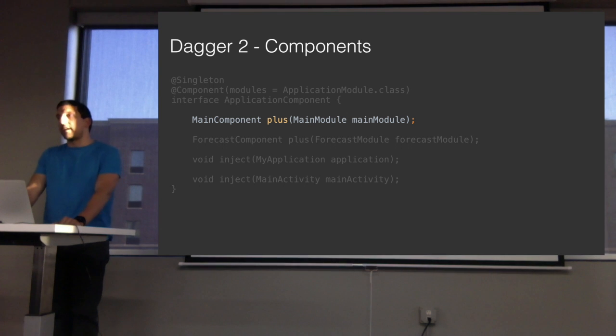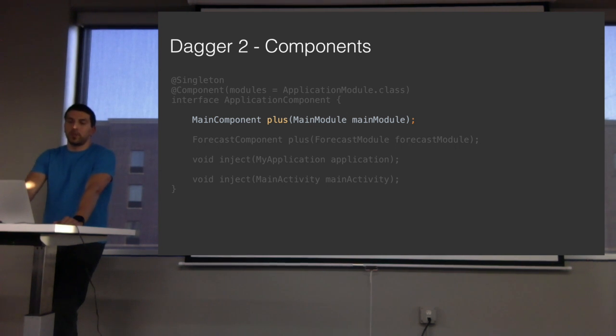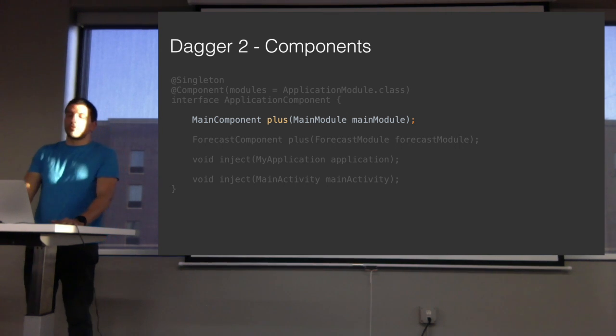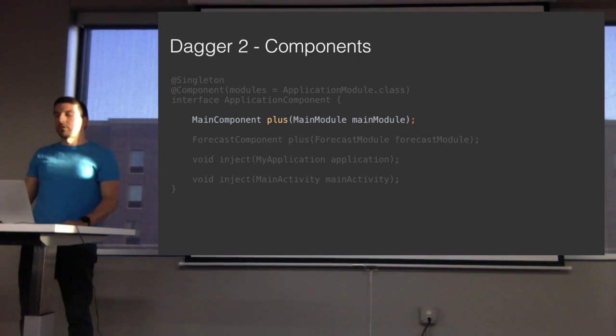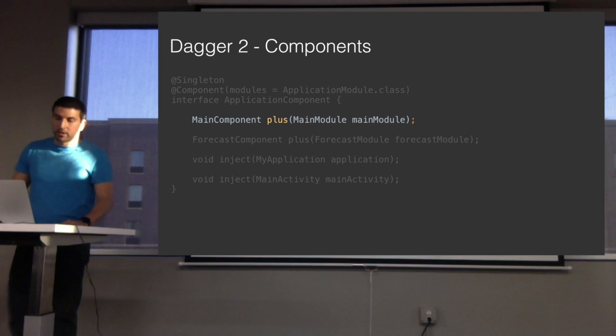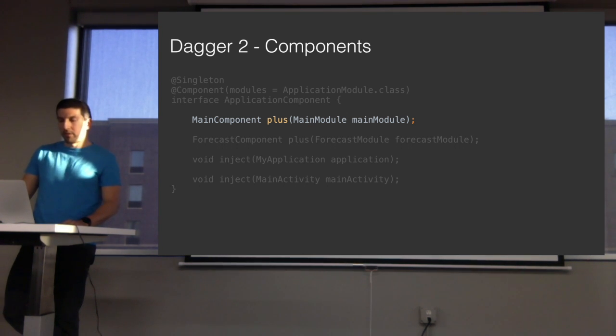And we could use that to inject classes, and those classes would have access to all the dependencies defined in the application module and all dependencies defined in the main module. And when you're done with it, you can destroy that main component, and the next time you create it, you will get a new instance of it, which is kind of how you handle going back and forth on the screen. And we can look at that closer when we look at the demo app.